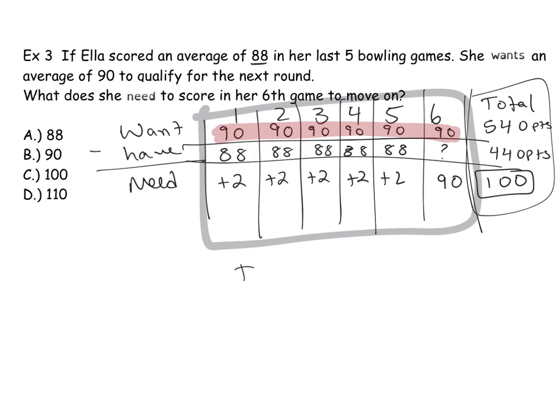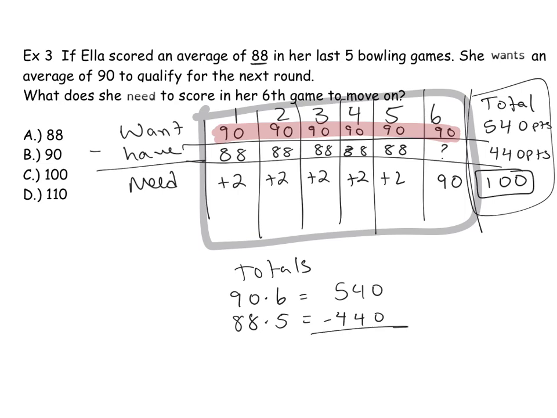So to get to those totals, I did 90 times 6, because we got 6 90s. That gave me 540. And for what we have, we took 88 and multiplied by 5, which is 440.